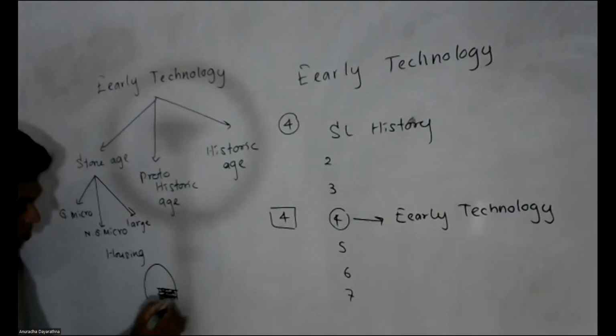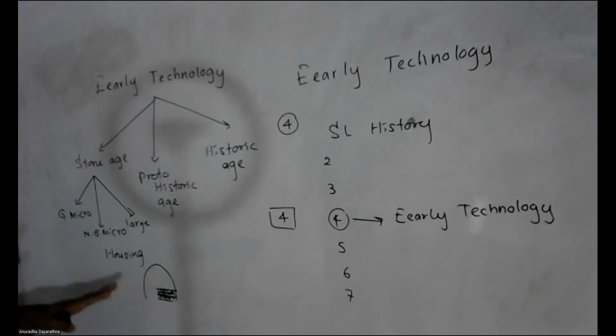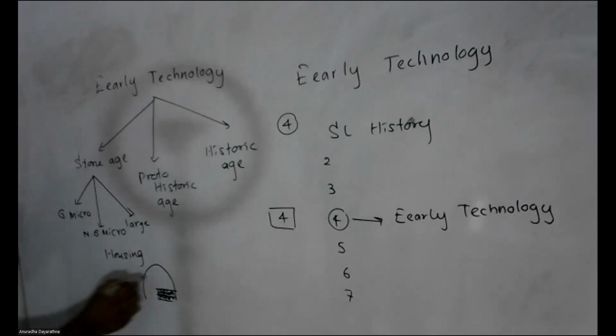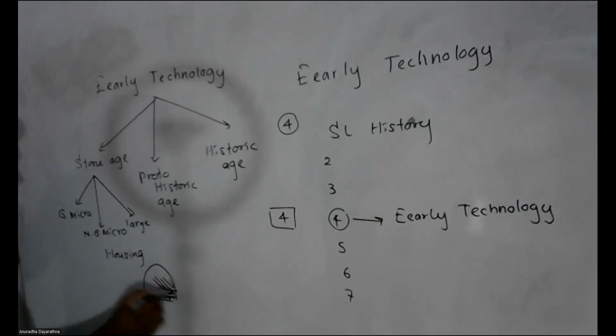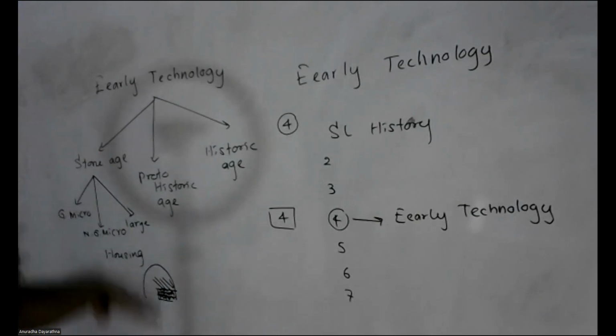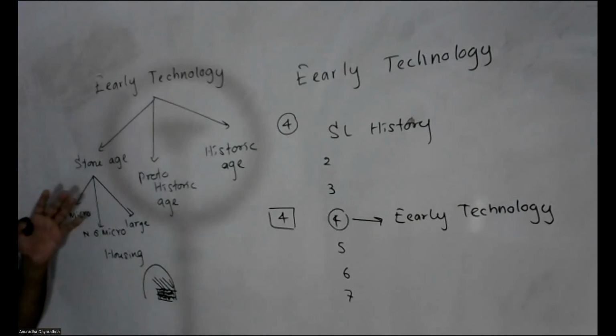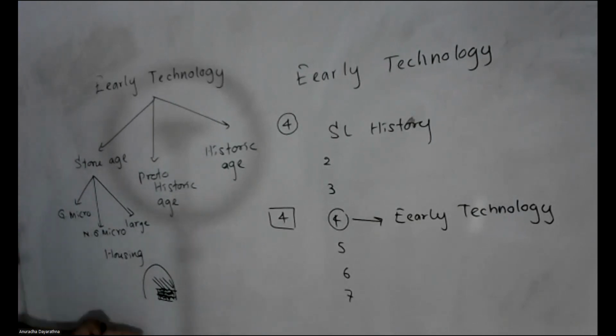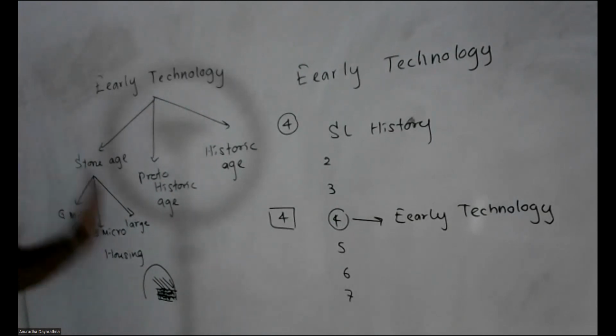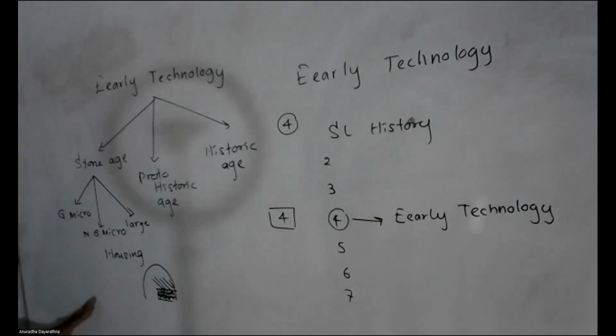By keeping stones one on another, they were making a kind of wall to cover the openings of their cave and be protected from the natural wind or rain. This is the only housing technology. So this is the only technology for the Stone Age man.